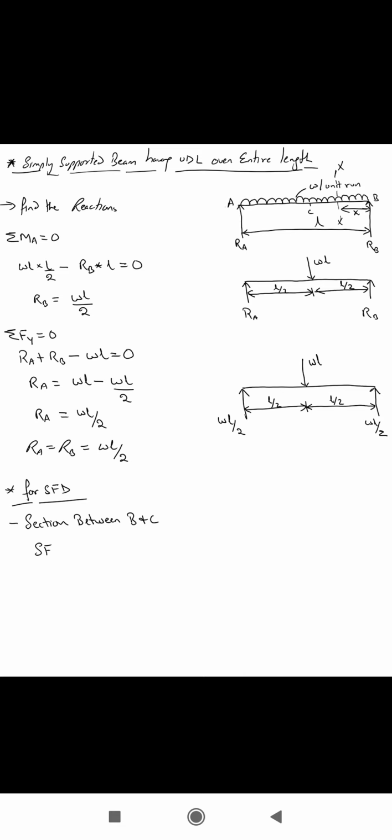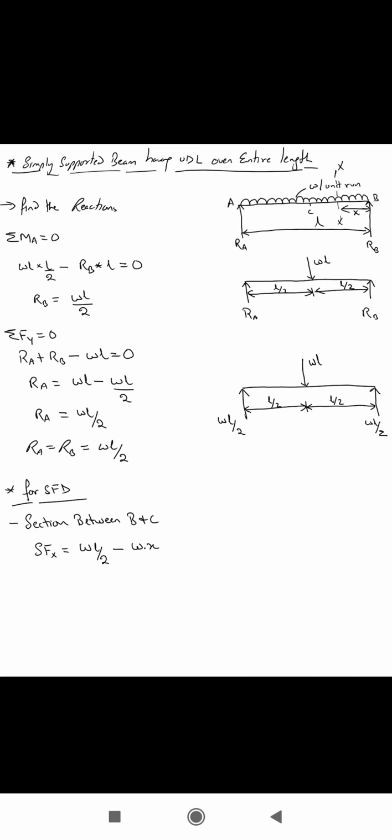So if this distance is X, what will be the shear force? Shear force at X will be what? It should be the RB. RB is WL by 2. Now this is acting upwards, right? Minus W into X, whatever the X is, right?